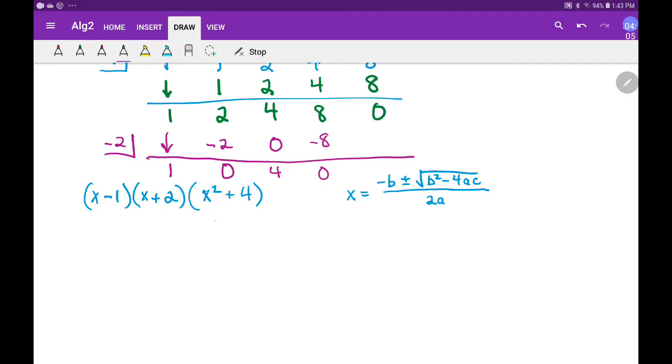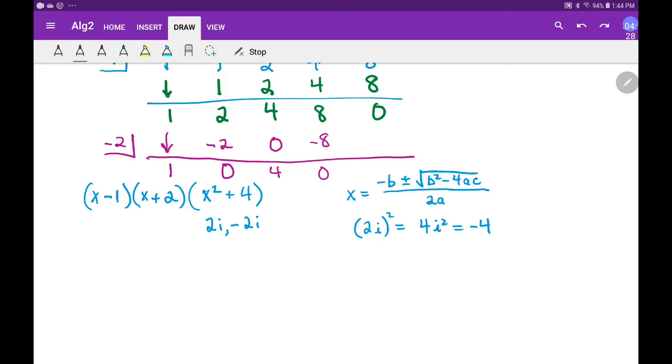But you're going to say that x would be 2i, negative or positive, right? Because if I square 2i, what do I get? I get 4i squared, which is -4, right? And -4 definitely goes with +4 to make 0.